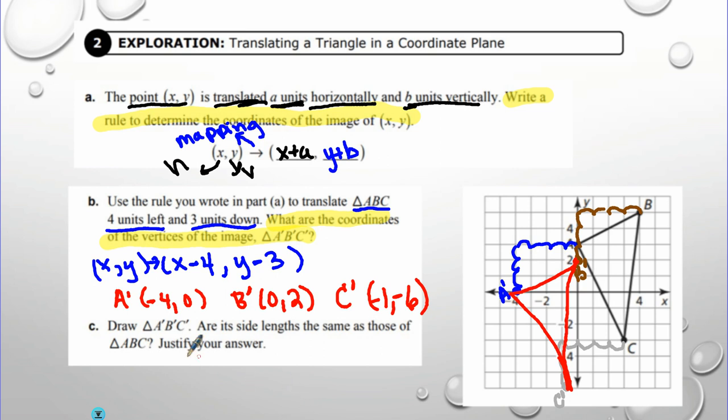Now it says draw triangle A prime, B prime, C prime. Are its lengths the same as those of triangle ABC? And it says justify your answer.